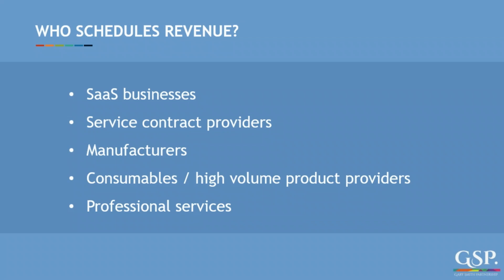We also have a number of companies that make consumables or high volume goods or transactional items. I can think of one company that makes consumables for dentists, for dental practitioners. Every couple of weeks or so, the dentist orders a new set of products to update their stock. That company doesn't want to create a new opportunity every time there's a new order.